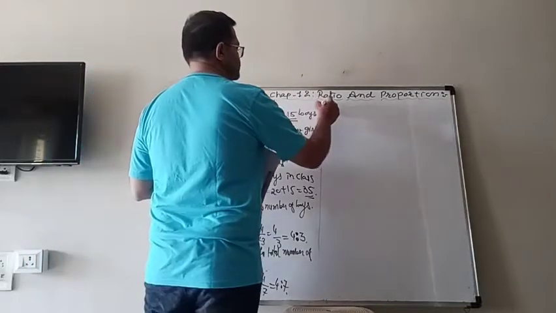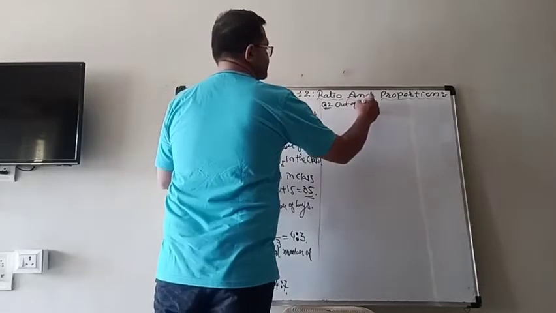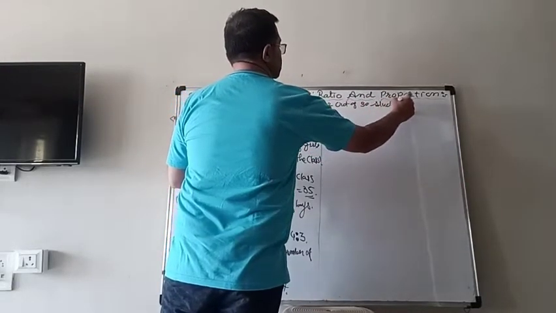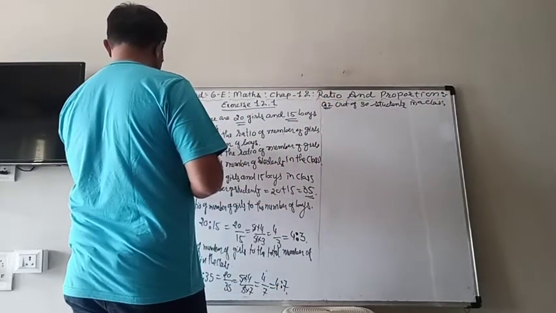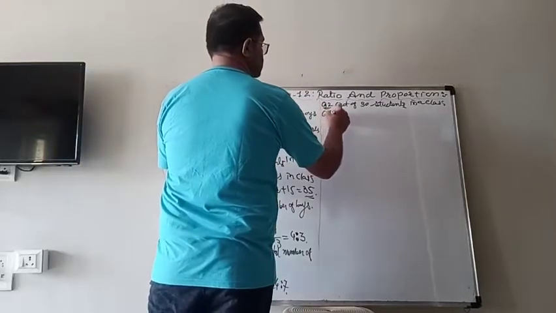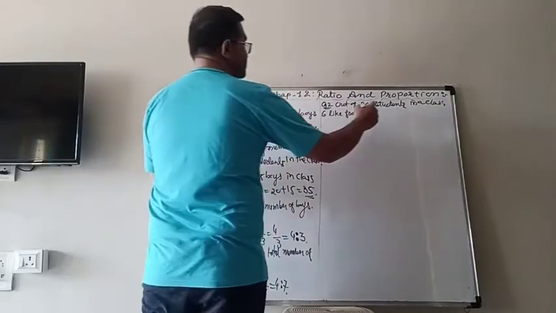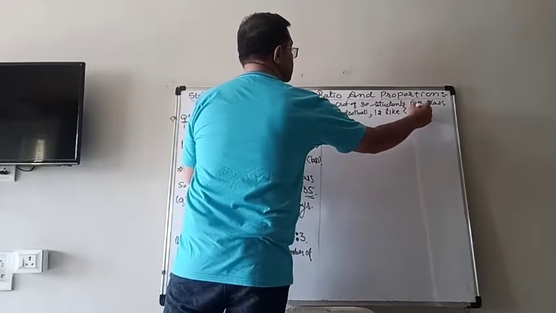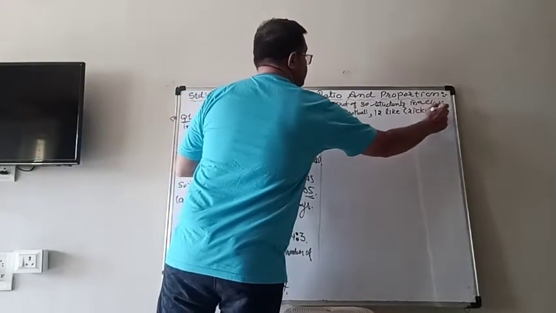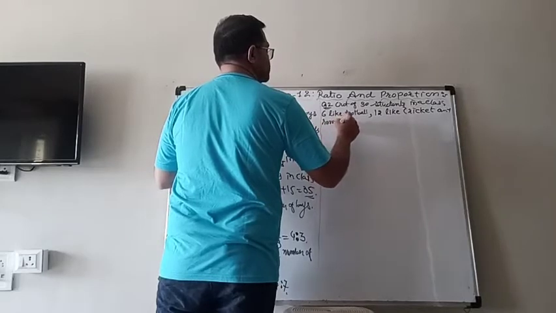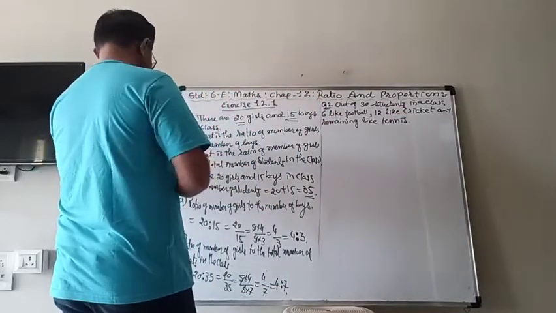Now question number 2. Out of 30 students in a class, 6 like football and 12 like cricket, and the remaining like tennis. We have to find the different ratios.